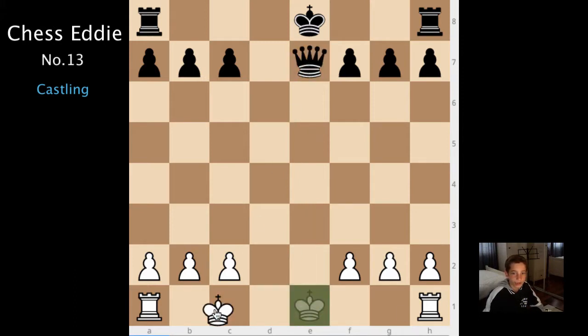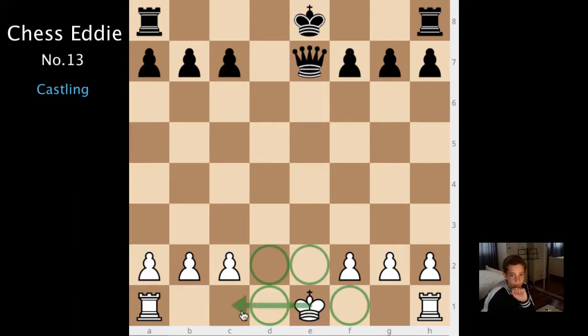In this case, white cannot castle at this moment because he's in check, and it is illegal to castle when your king is in check. The white king has to move here, here, here, or here, but it cannot castle. That was my third example of how you cannot castle when you're in check.